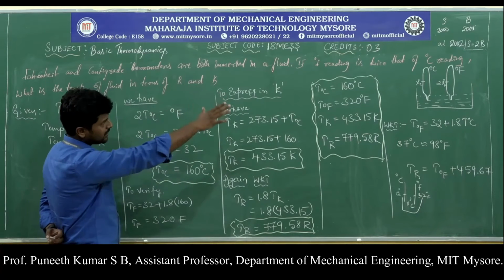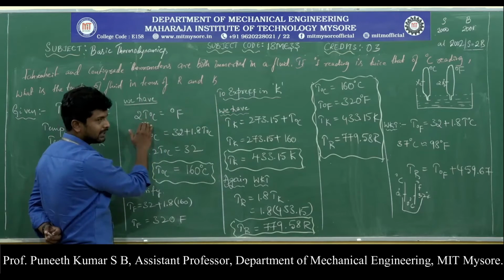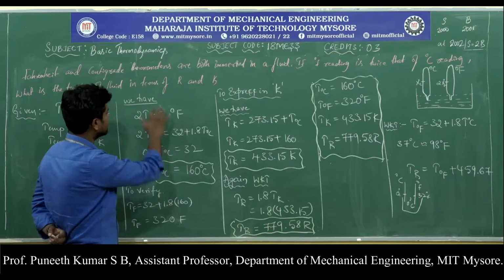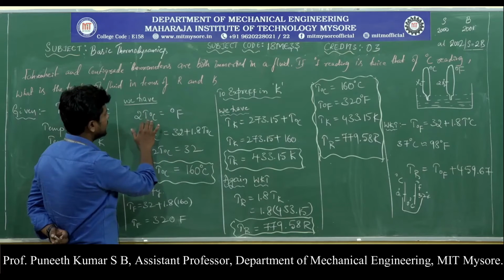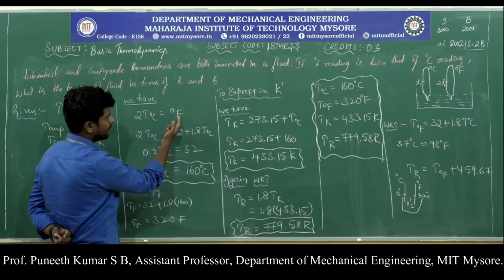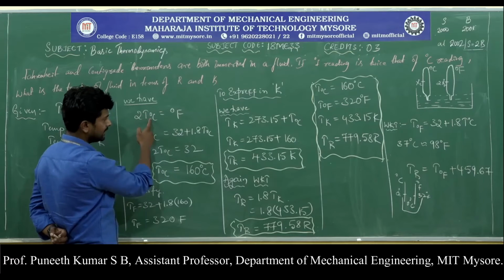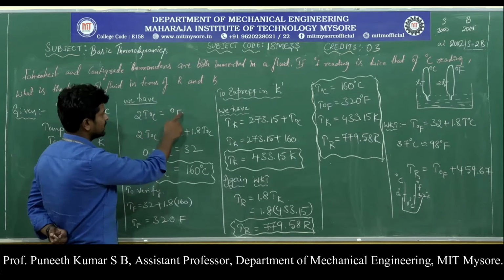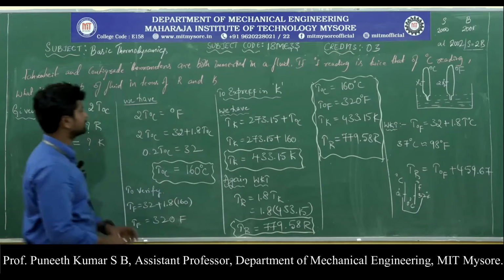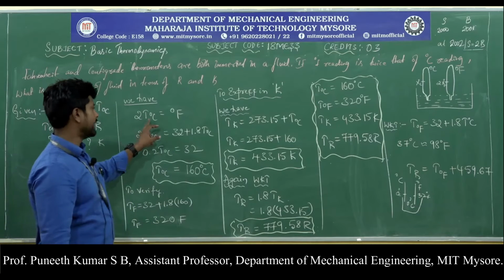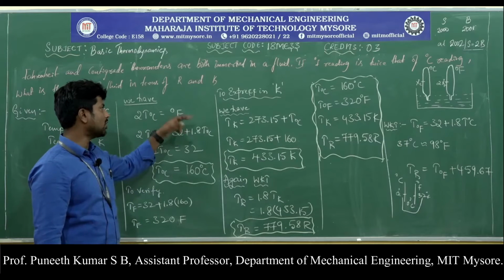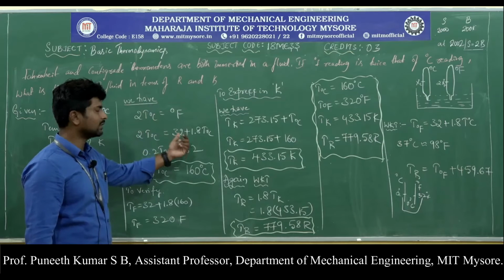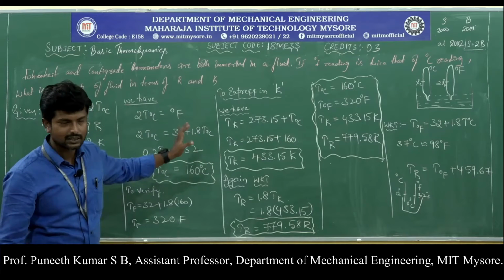It has been given in words, and I need to represent it mathematically so that I can solve the problem. So here I need to find the temperature exactly when the Fahrenheit is twice that of the degree centigrade. I will be expressing the Fahrenheit also in terms of degree centigrade so that solving the equation will be easier for me.